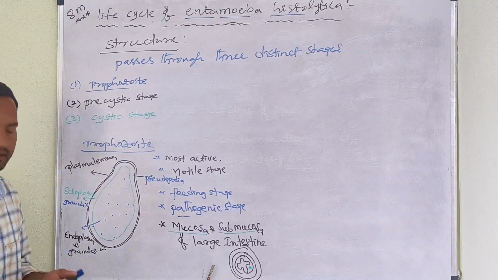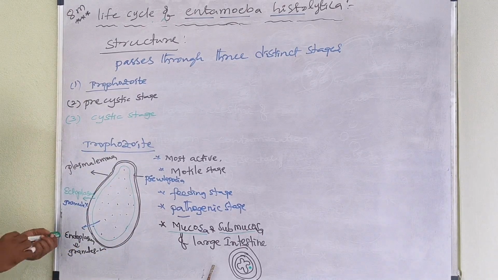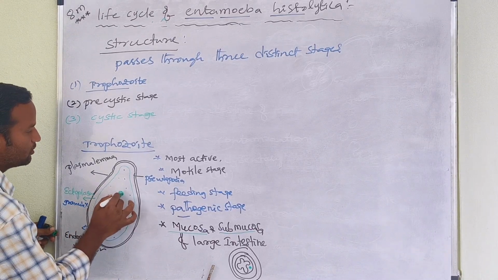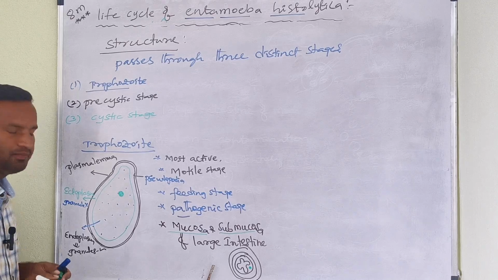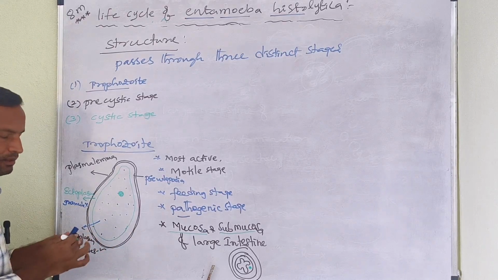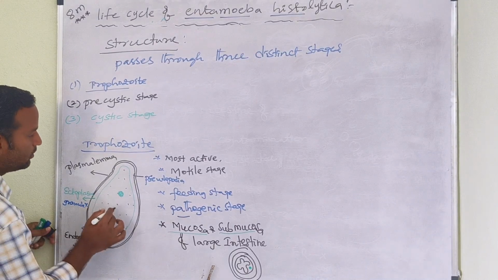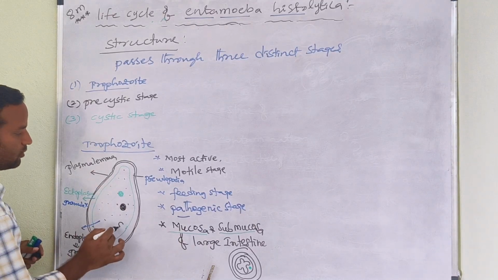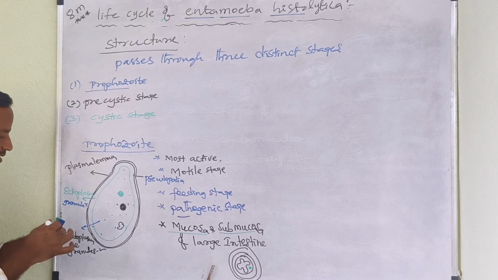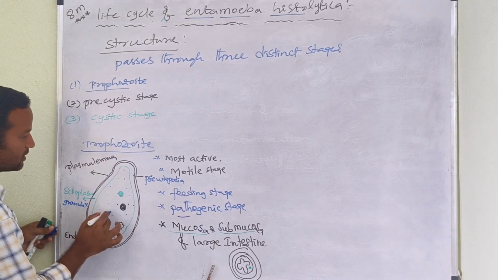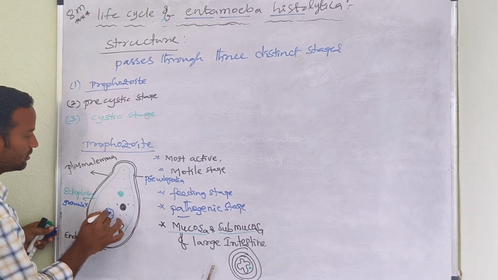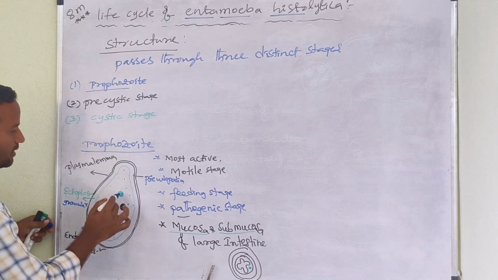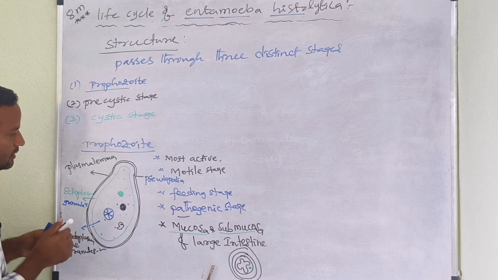This is about the trophozoite stage. Now come to the point. In this stage it possesses ribosomes, for example these are the ribosomes. Then food vacuoles, for example this is a food vacuole, and this also. Along with this, a cartwheel-shaped nucleus is present.